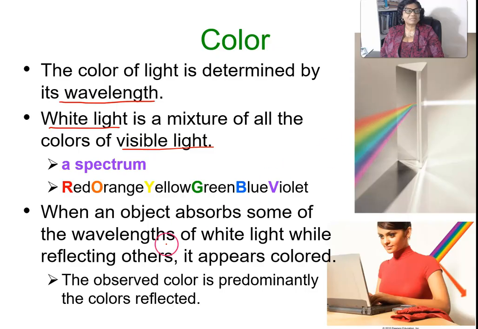When an object absorbs some of the wavelengths of white light while reflecting others, it appears colored. The observed color is predominantly the colors reflected. So the colors we see are actually the colors reflected, not the ones that it has absorbed.